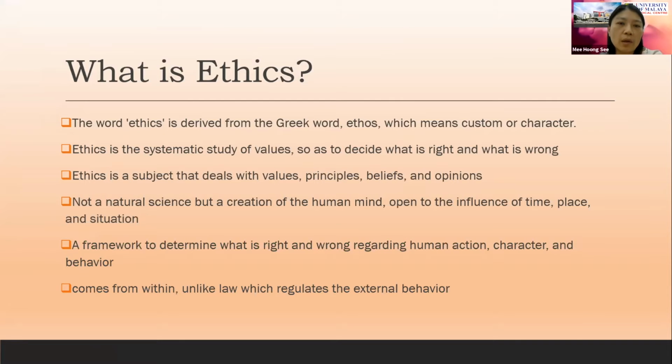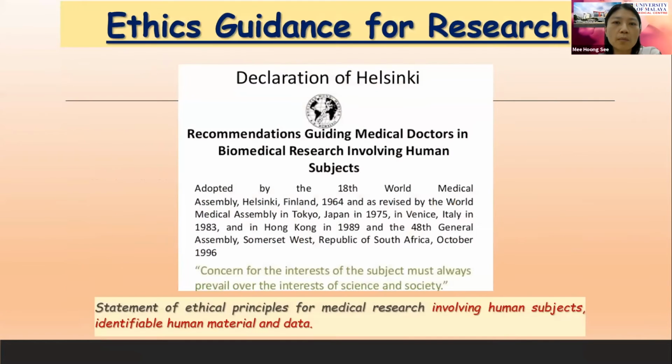From there onwards, that is the reason ethics and laws came out for researchers to follow before they perform a study. From then on, we can see the evolution of ethics in research.